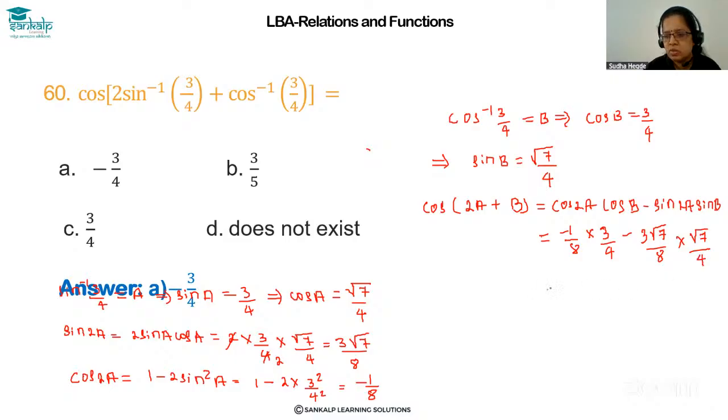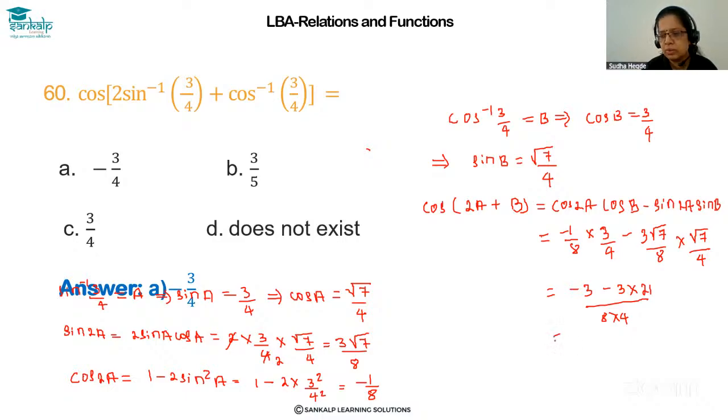Okay. So this is minus 3 into minus 3 into 21 divided by 8 into 4. Correct? Denominator is same. Okay.